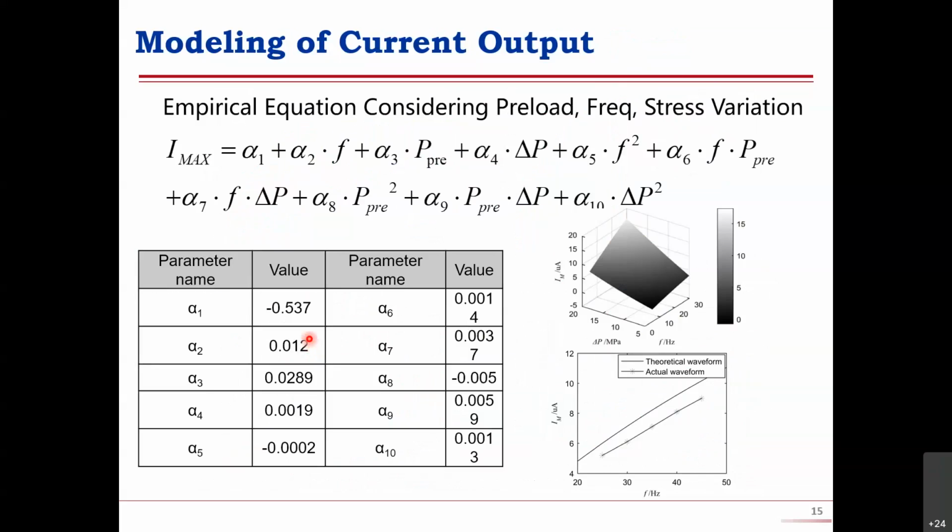And we use curve fitting to get an empirical equation considering the preload, frequency, and stress variation to get this current output model. And it's relatively accurate in predicting the current output.